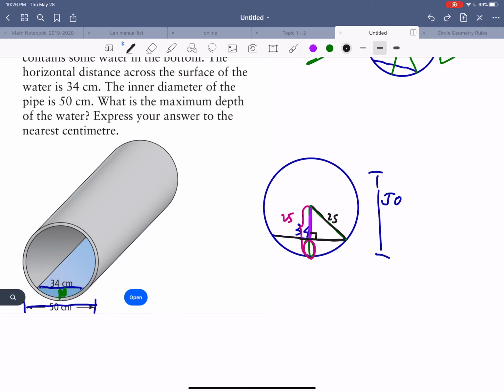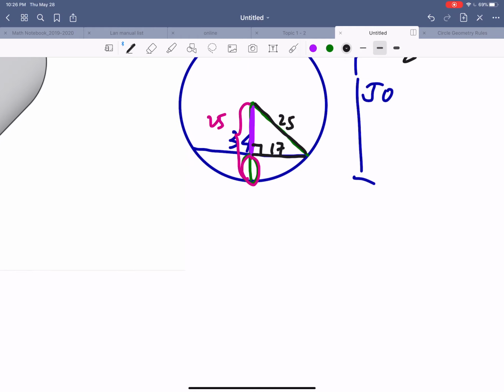So one part would just be 17, which is 34 divided by 2 equals 17. Okay. So if you have that number there, you can actually go ahead and solve the purple part because that's part of the Pythagorean theorem. So I'm just going to say the purple part is x, okay, x squared plus 17 squared equals 25 squared. That's coming from our right triangle here.